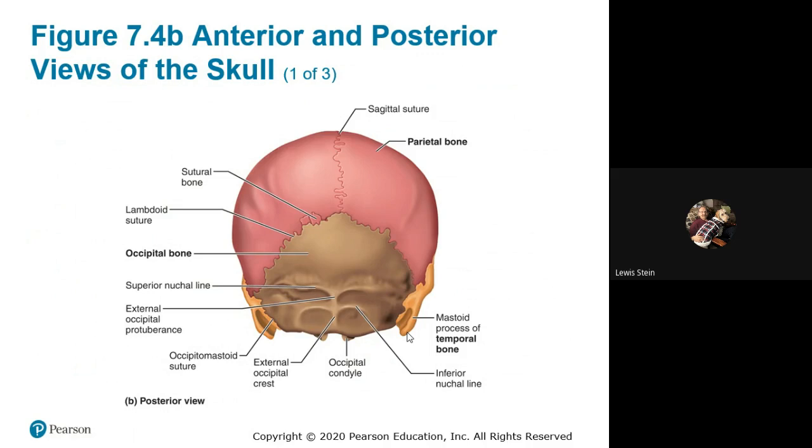These are called occipital condyles. They sit on top of condyles on the first cervical vertebrae that allow your head to maintain that sort of nodding motion. You need to move a little bit to swivel side to side, which is shaping the joint. Okay?